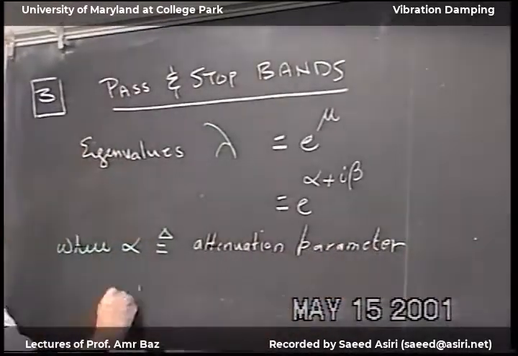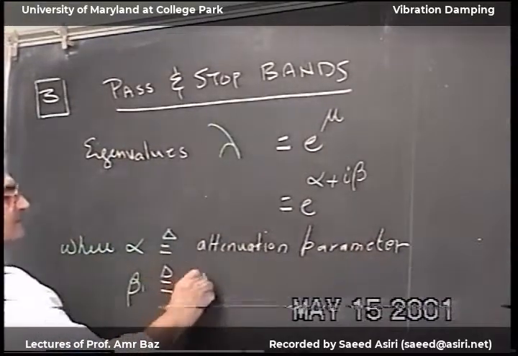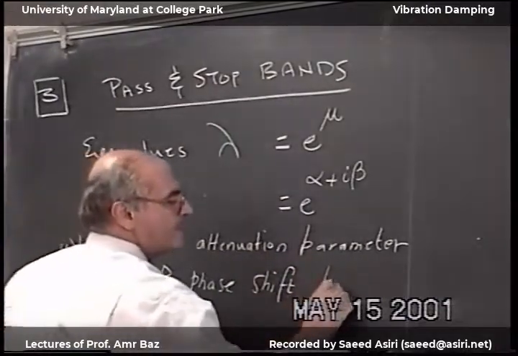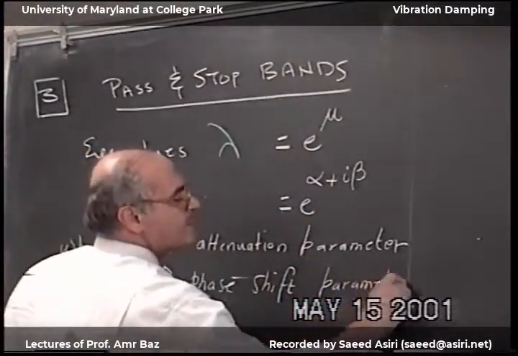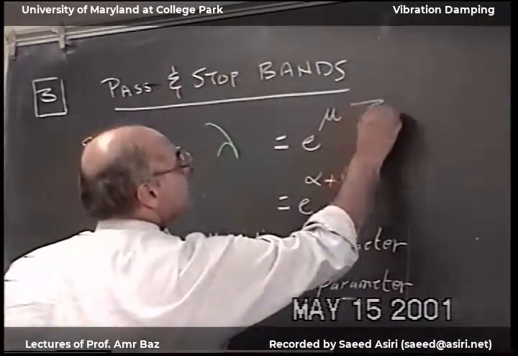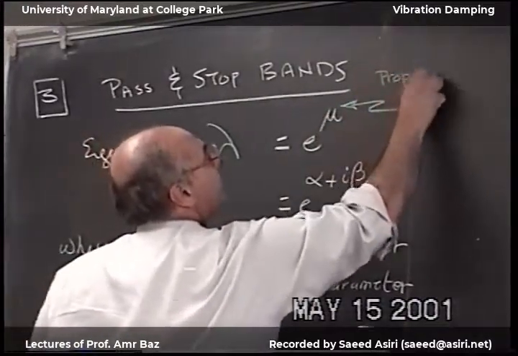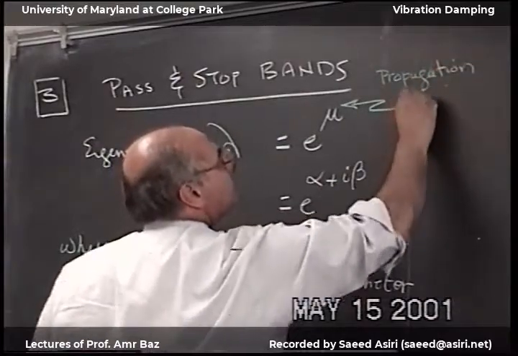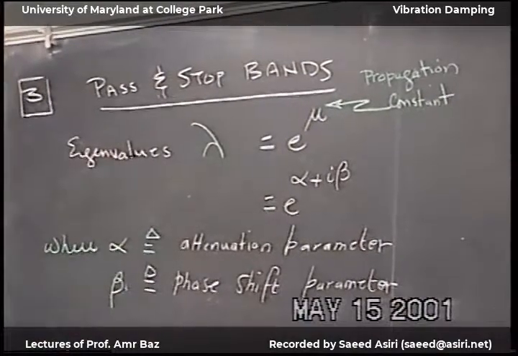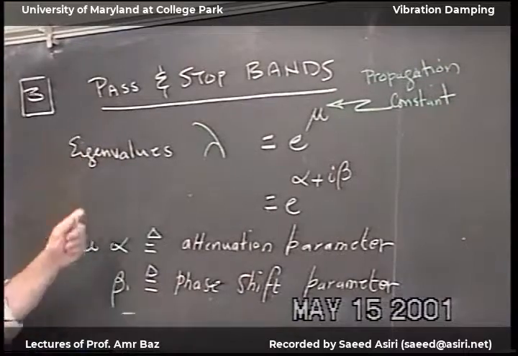And the beta is the phase angle parameter, or the phase shift parameter. And the mu is the propagation constant. And we said we will have a pass band if the attenuation parameter is 0. We will have a stop band if this is not 0.